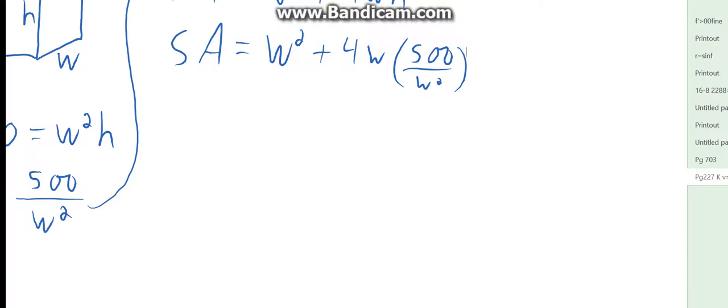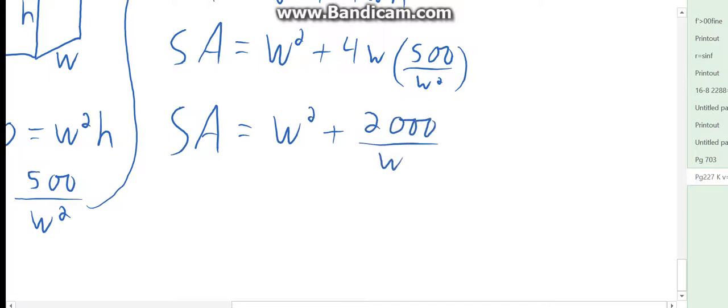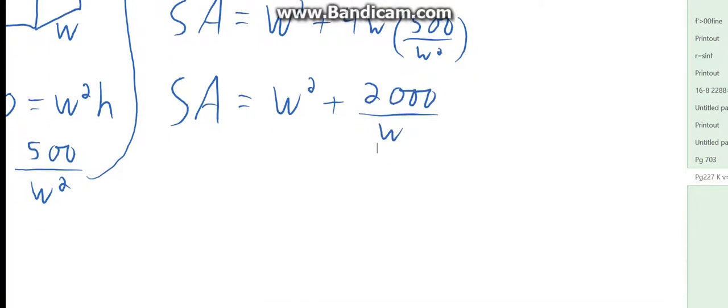And when we simplify that bad looking thing down, we get w squared plus, so we get a w canceling over here, it's going to be 2,000 over w. Whew. And that's our surface area equation that we want to minimize.